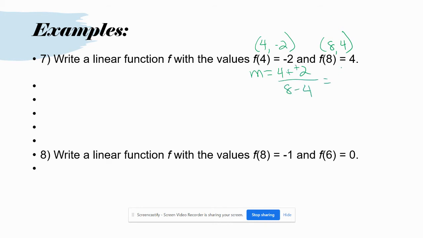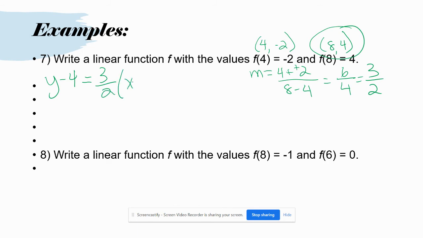Add the opposite. We have 6 over 4, which is 3/2. Let's see. I will pick this ordered pair. Y minus 4 is equal to 3/2 times x minus 8.